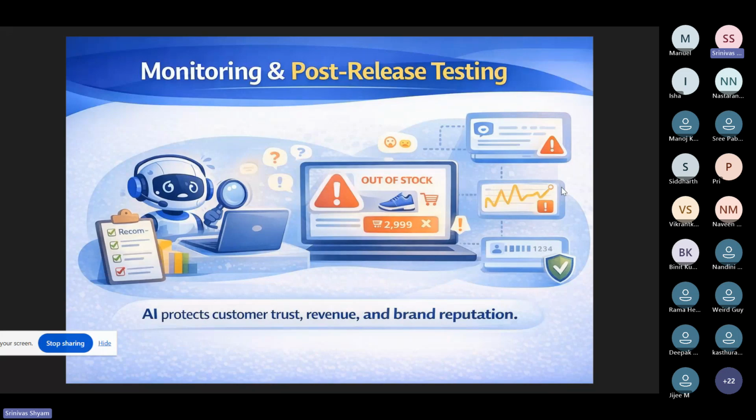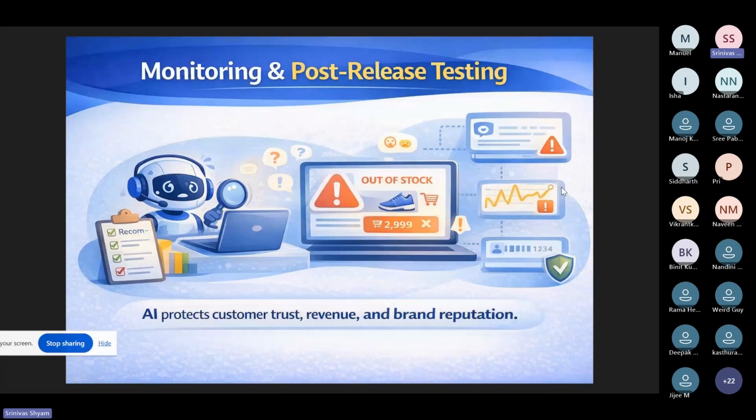Issues detected early, as soon as it's deployed, let you make corrections and bug fixes and maybe save your brand. So monitoring and post release is very important, because something might get out of our hands. We have to test it properly before it reaches our customer. Very critical.